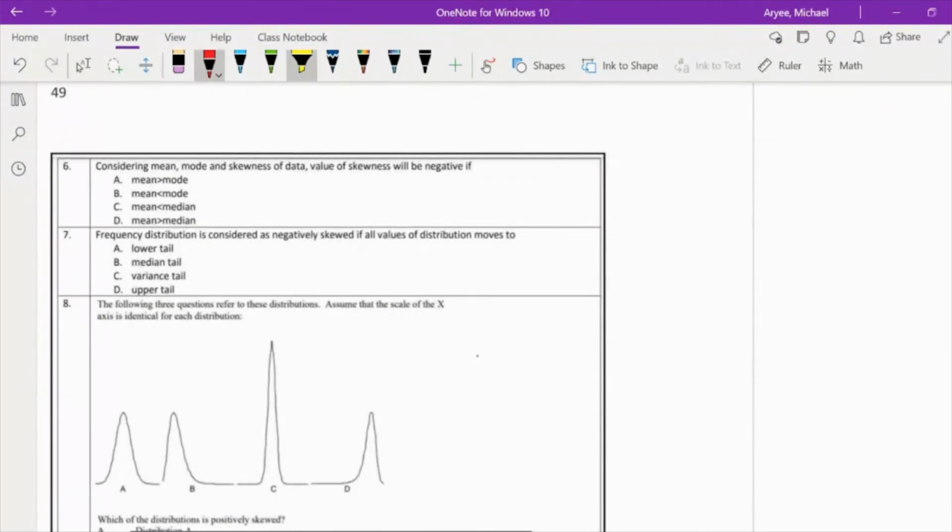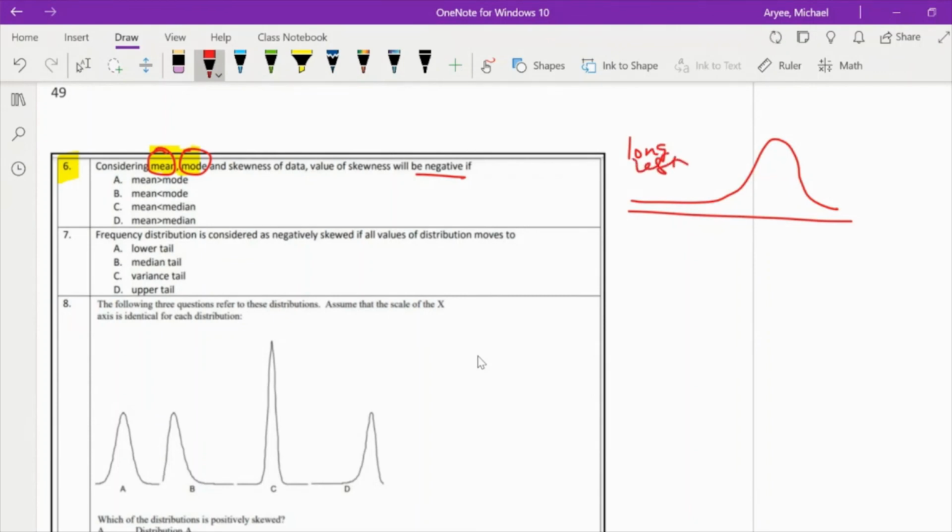Okay, so let's look at this question. It says consider the mean and the mode. So mean and mode only. And it says a negative distribution. So negative skewed means that the long tail is on the left side. All right, so long on the left. Now the mode is where the peak is, right?